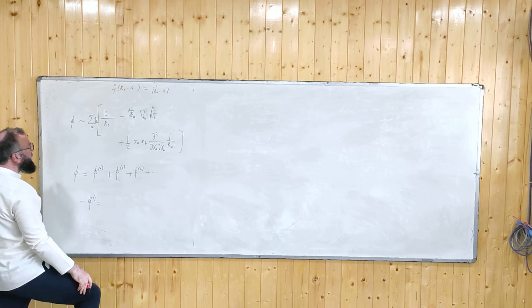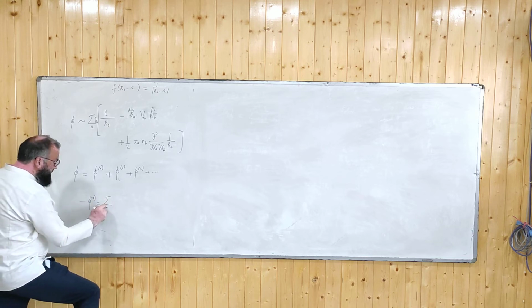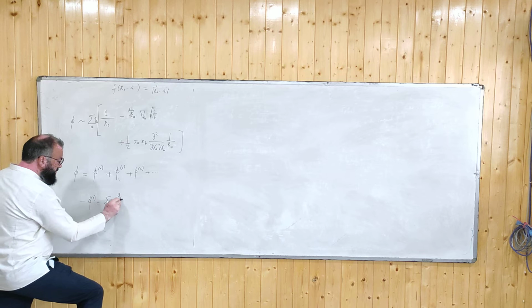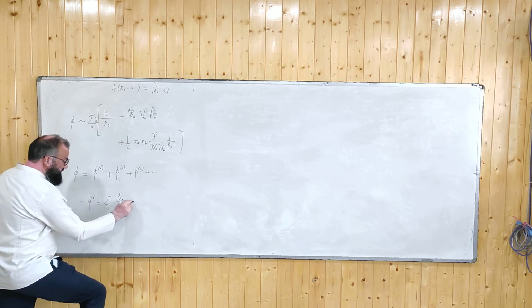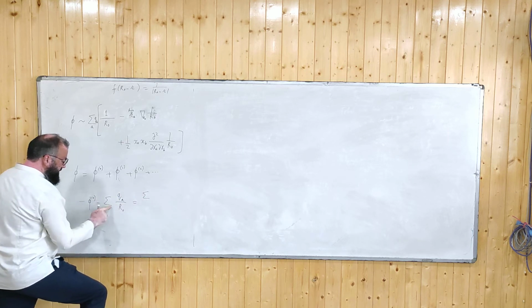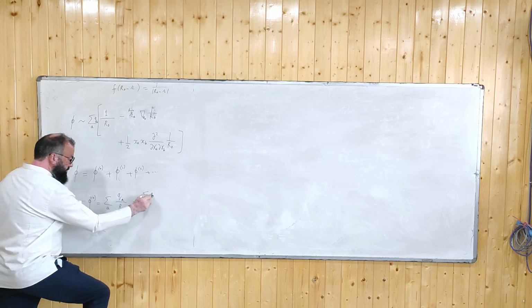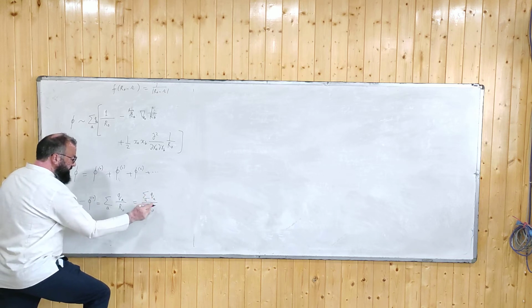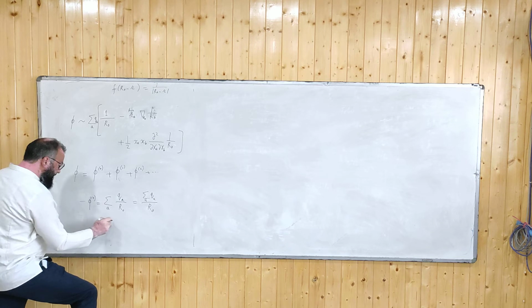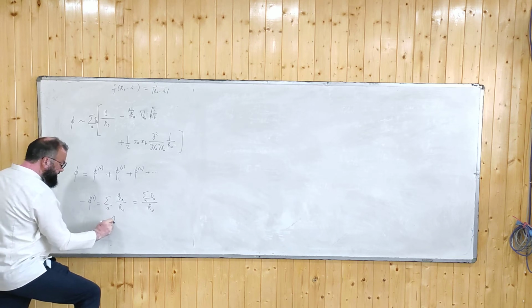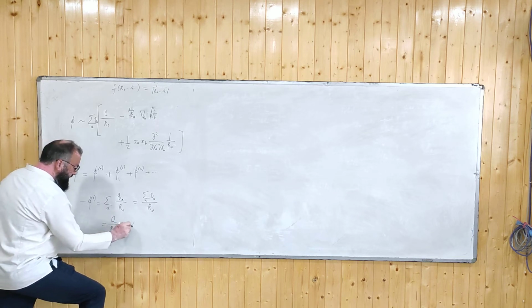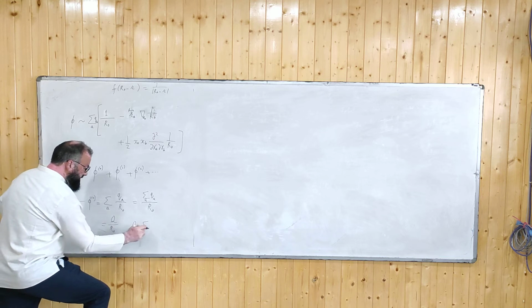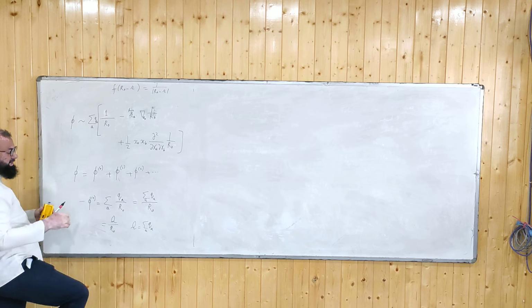That is equal to the summation over A of QA by R naught. What is the summation over QA? Let's call that the total charge Q, so Q by R, where Q is equal to the total charge.